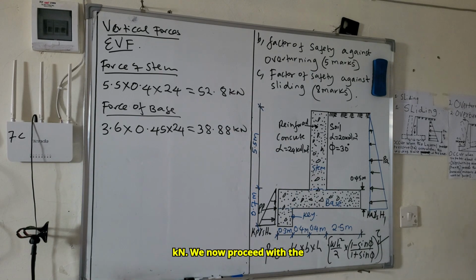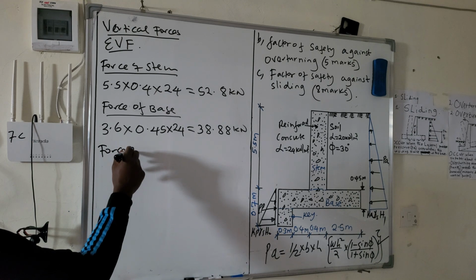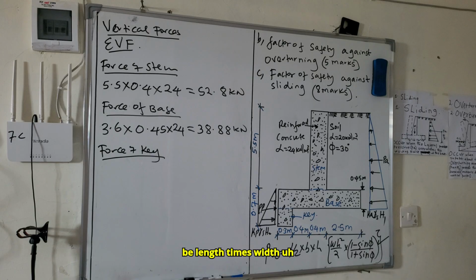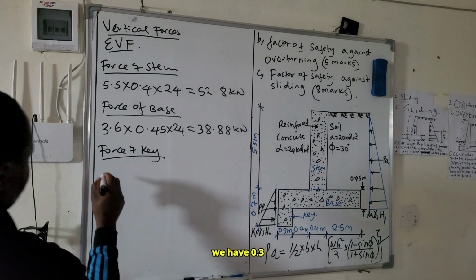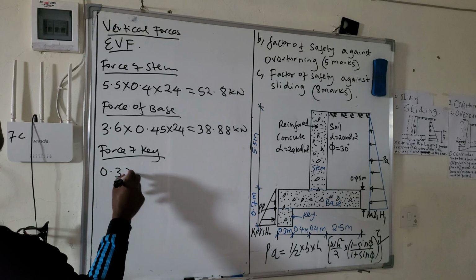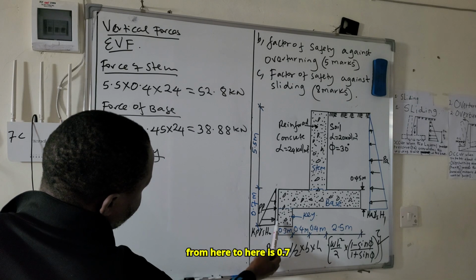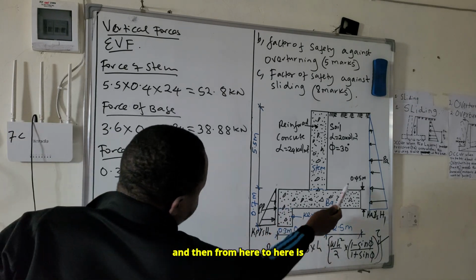kilonewton. We now proceed to the force of the key. Again, this one will be length times width. We have 0.3 times, as you can see, from here to here is 0.7, and then from here to here is 0.45.